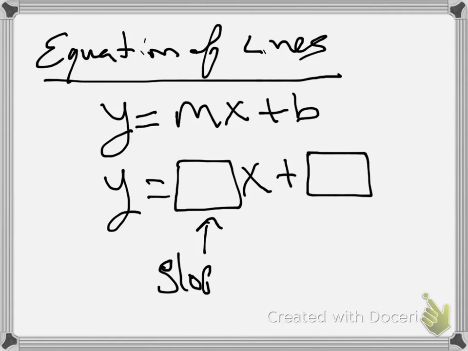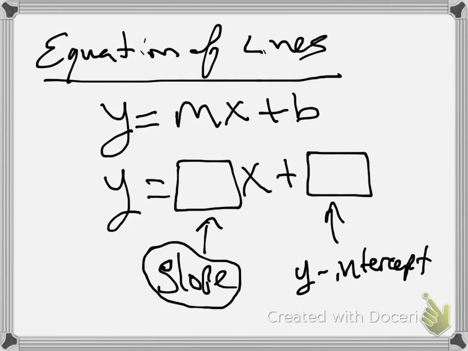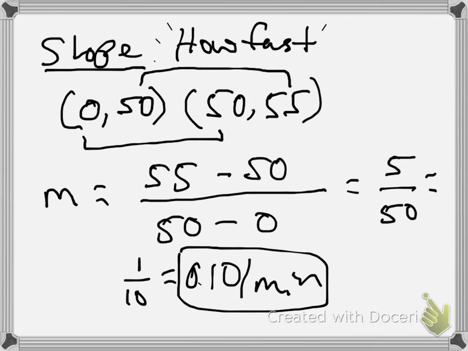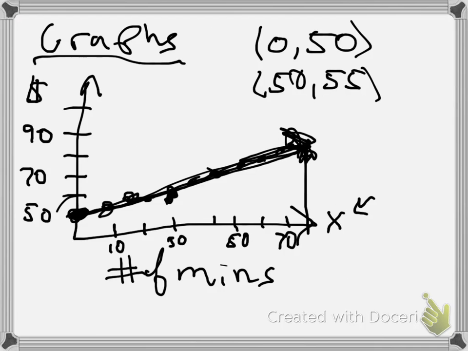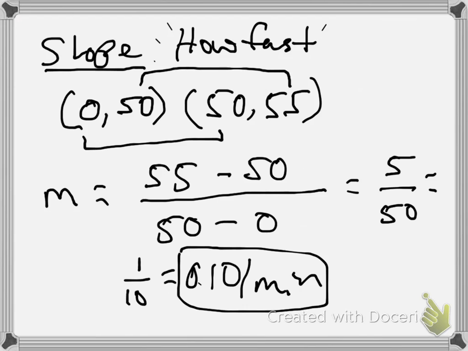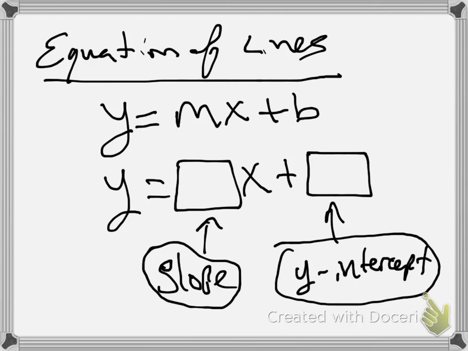So here we have the slope, and here is where it hits the y line, called the y-intercept. Then we can actually write an equation of a line if we can find the slope, you guys know how to do that, and if you can find the y-intercept. Sometimes the y-intercept is just a matter of looking at where the graph hits the y line. Other times you might have to do a little bit more work. You'll see how to do that in the first module.